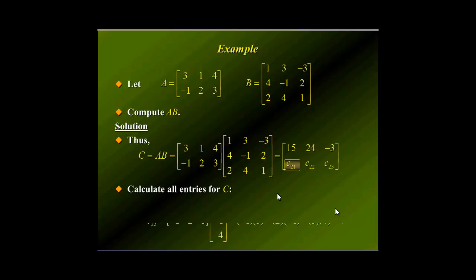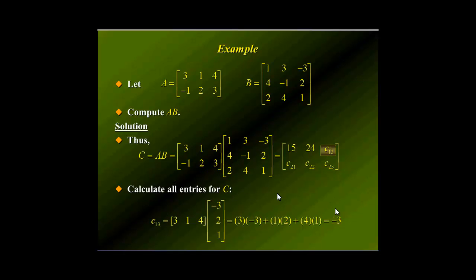Okay, I'm repeating once again how we'll do it. If we have two matrices, how can you multiply? First of all, you find the first element by multiplying the first row and first column. When you multiply these, you get the first element. Next you get the second element by multiplying the first row and the second column. You will get 24.